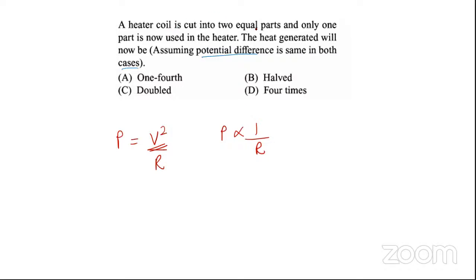So when the heater coil is cut into two equal parts and only one part is used, then the R has become half, the resistance has been halved. Now power is inversely proportional, so power will get doubled. Alright, so C is the right answer.